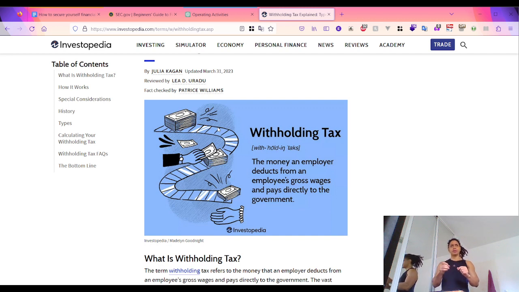So, income tax payable is the amount that a company owes based on how much revenue it made over a period of time.